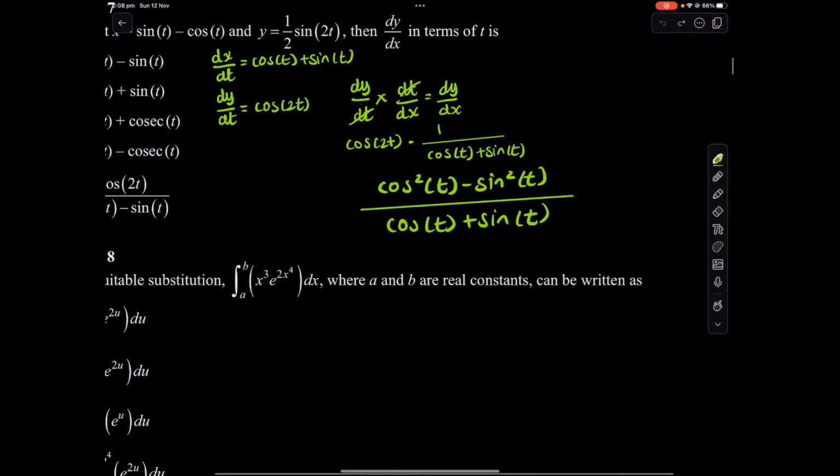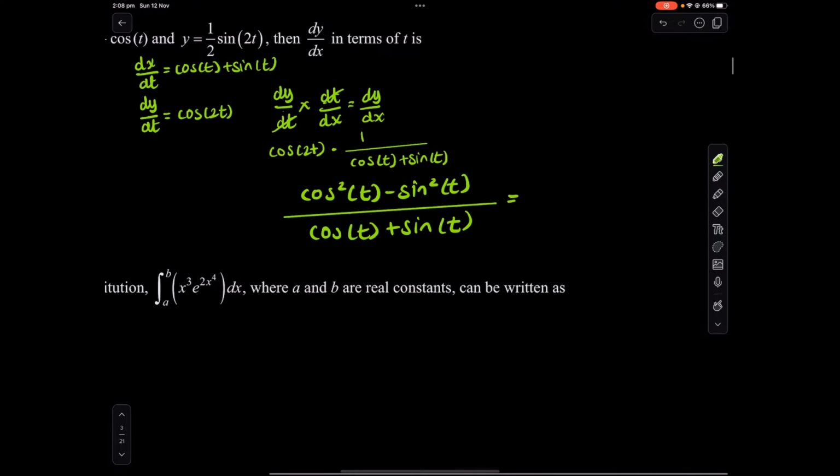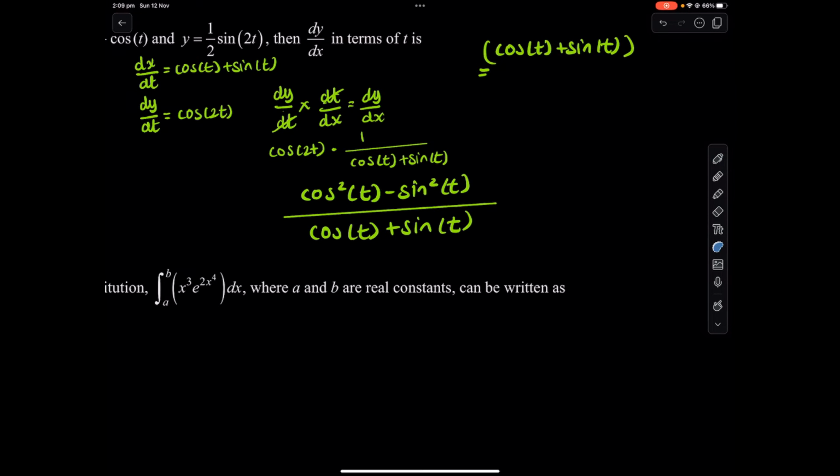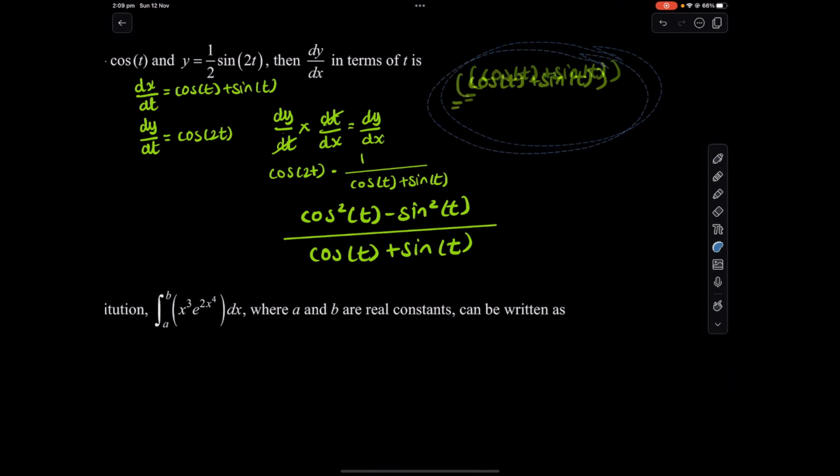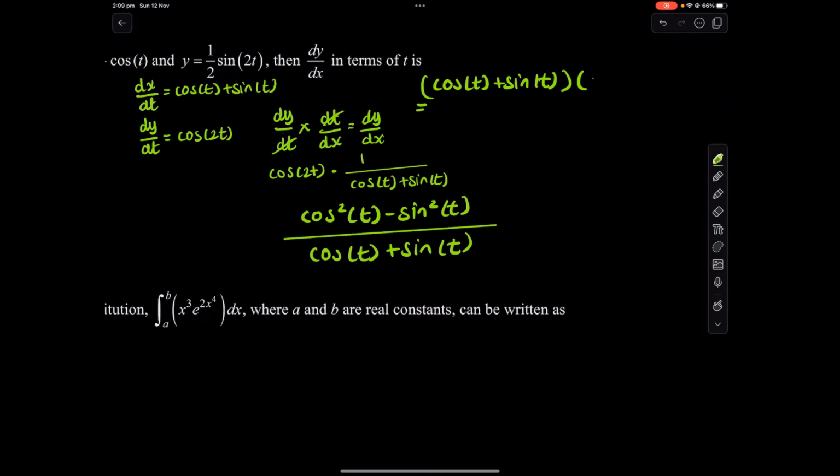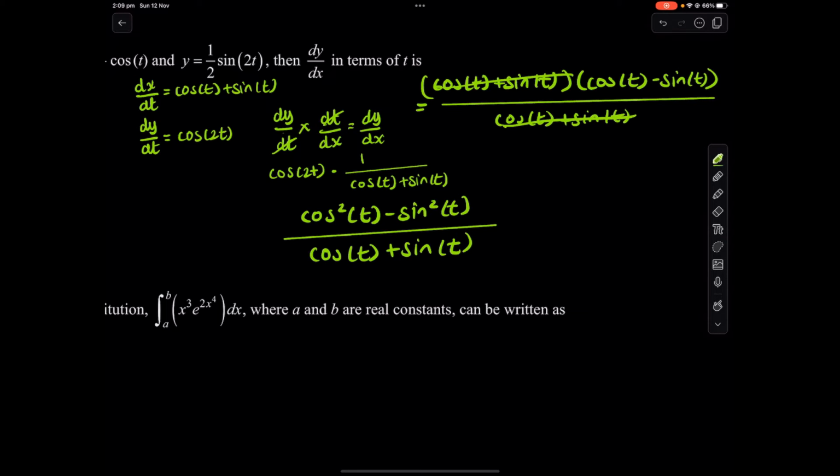Now, you should see this over here is just a difference of perfect squares, so that simplifies to cos of t minus sine of t, all over cos of t plus sine of t. These two actually cancel out, leaving us with our final answer of cos t minus sine t.